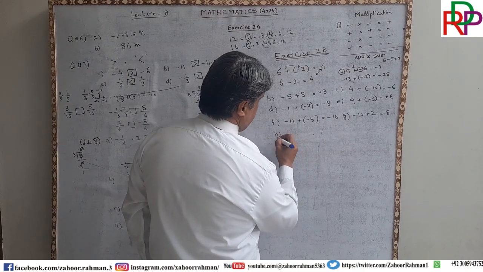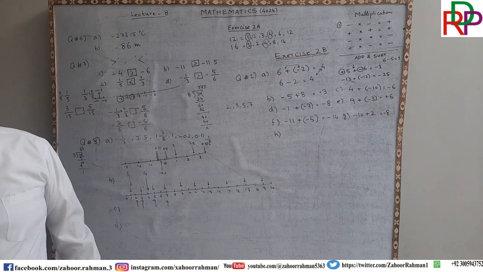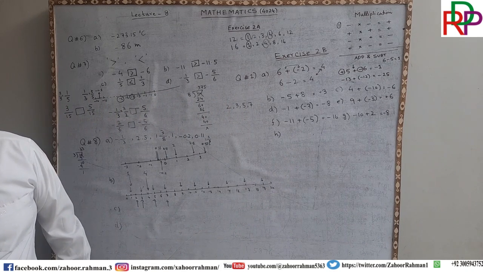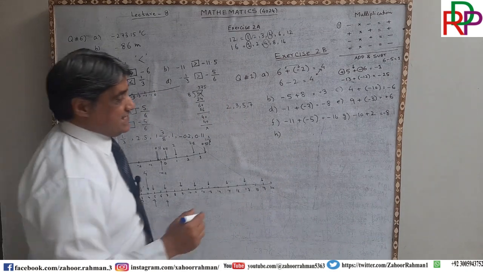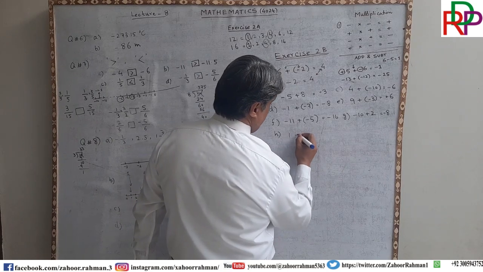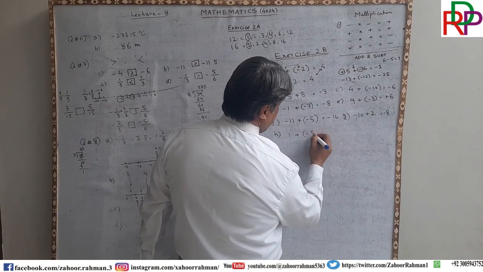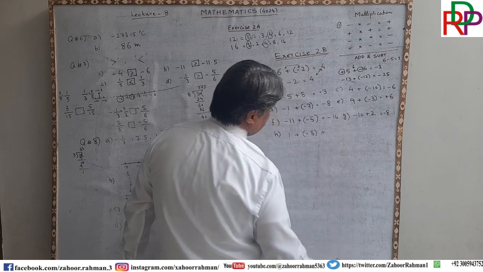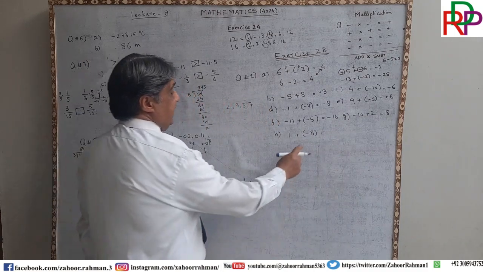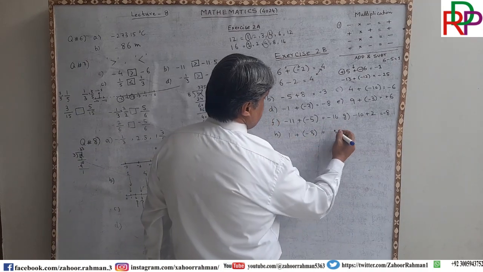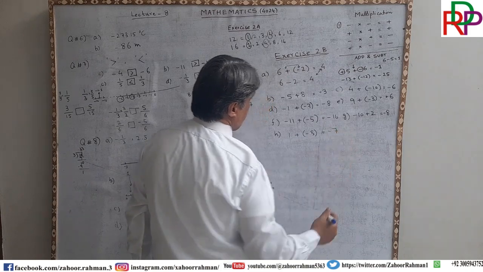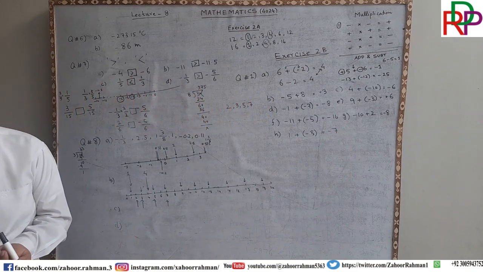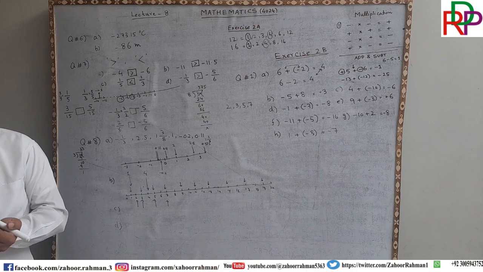Now the H part is saying 1 plus minus 8, and that is equal to 8 minus 1, 7, and minus will be the symbol of this.